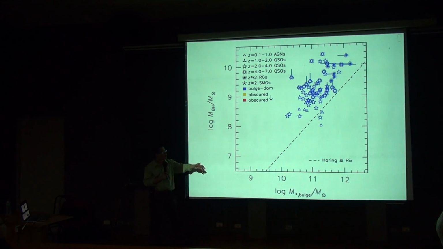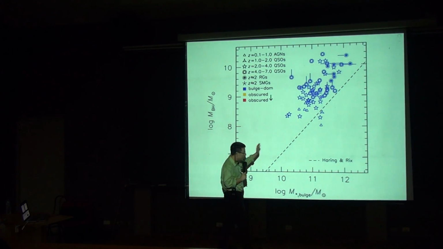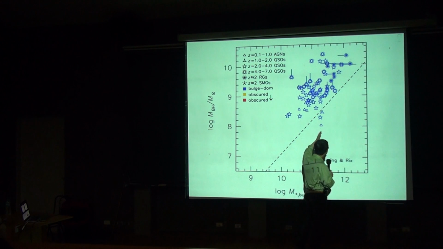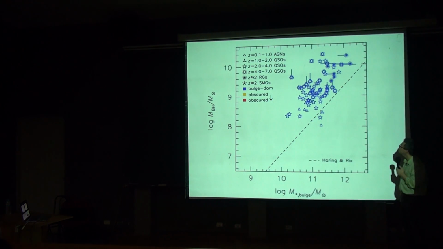and it's roughly of the same form as we see at redshift 0, which is this dashed line. But it's all systematically above the dashed line. So at the highest redshift, when the universe was only 1 billion years old, or 2, okay?